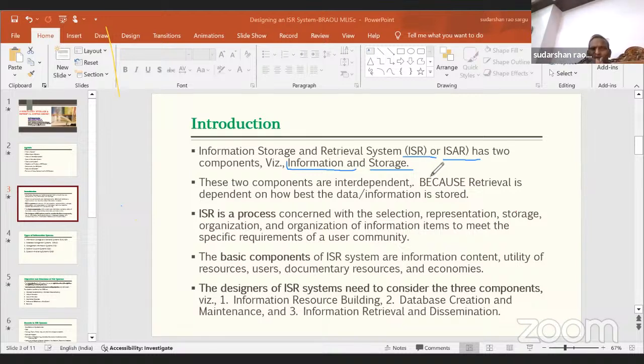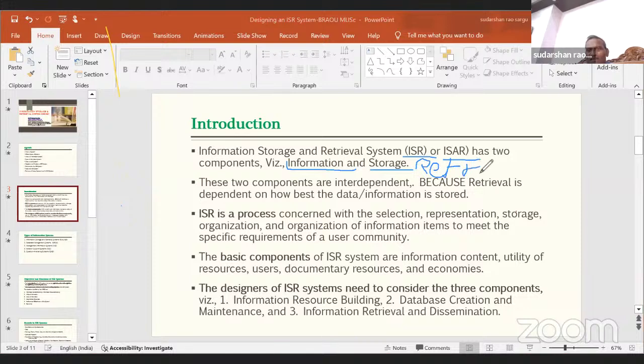Okay. So in this information storage and retrieval system, essentially and broadly, there are two components. One is information, other one is storage. And of course, retrieval. This retrieval, of course, I did not write here. Next one is retrieval.